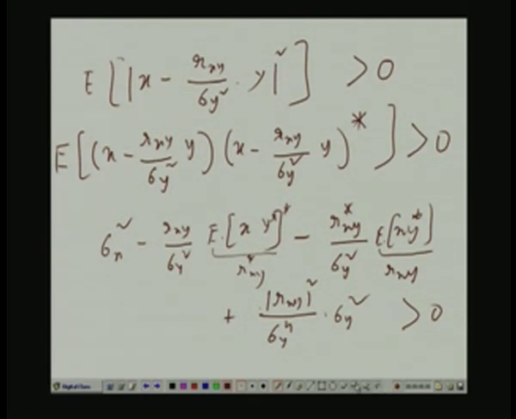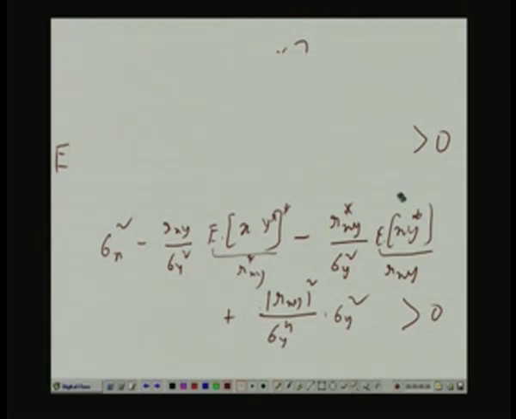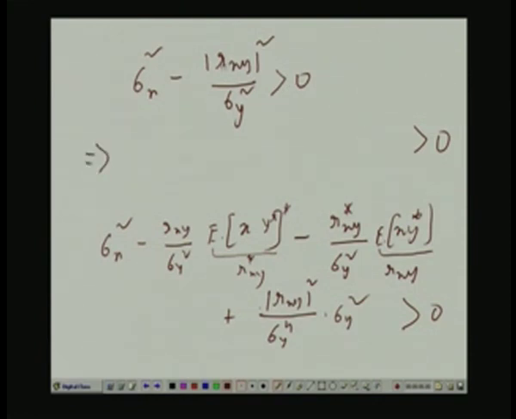After simplification, it means sigma x square minus mod r x y squared divided by sigma y square is greater than 0, which proves that inequality. If you take this one term to the right, basically it is very simple, you get this.